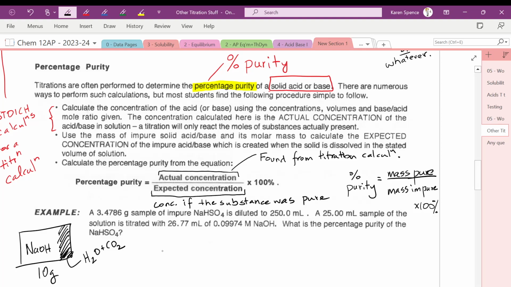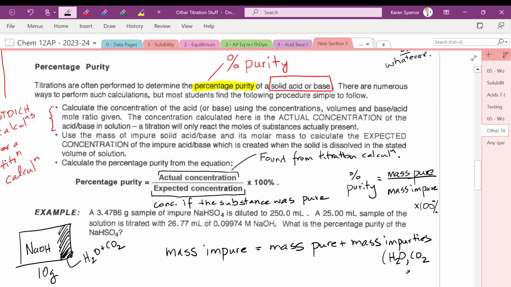So if we have mass of impure, it's equal to the mass of the pure plus the mass of the impurities, whether those be H2O or CO2, etc. It could be anything in there. If you just didn't have a very good sample and somebody threw something else in there, you'd be like, oh, okay.